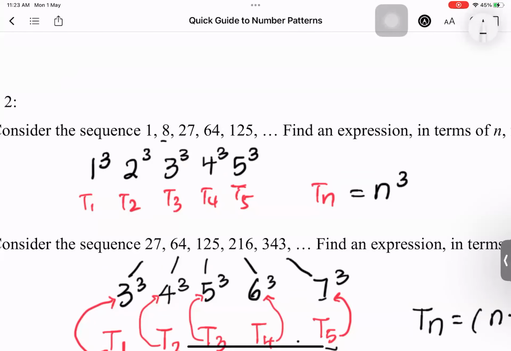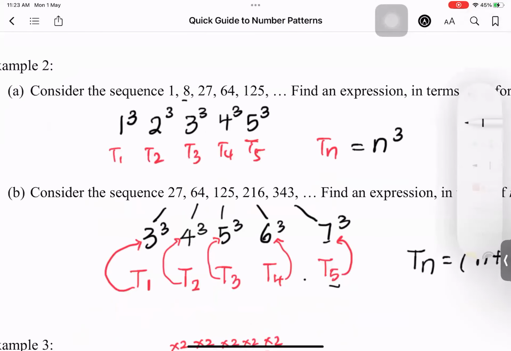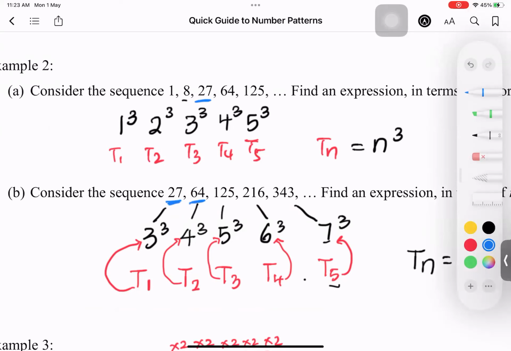But if I were to connect these to the next number, you need to observe, this is 27, also 27, 64, 125. Based on my number sense that I memorized those terms, I know that they are cube, cube, cube. However, this is term 1, but the number over here is 3.